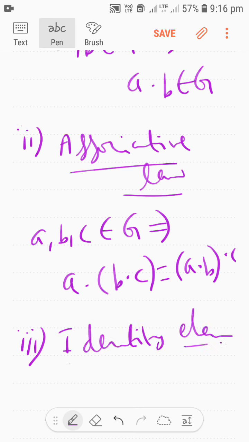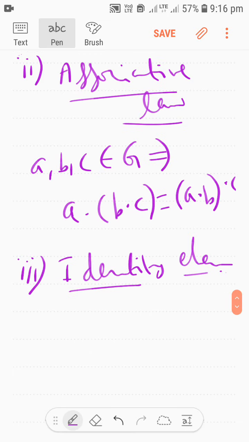Identity element means if you multiply any element with the identity element, you will get the same element. Suppose you take the number 1: if you multiply any number with 1, you get the same number. For example, 2 into 1 is 2. So here 1 is the identity element.